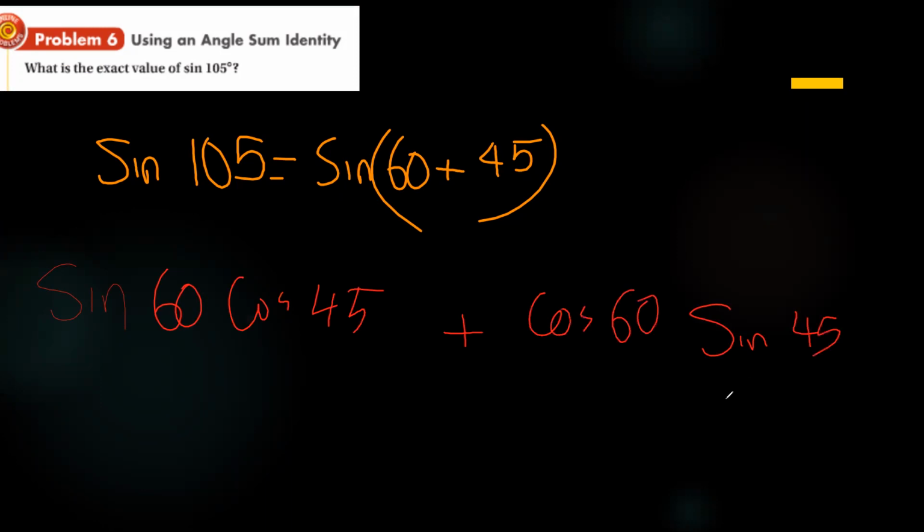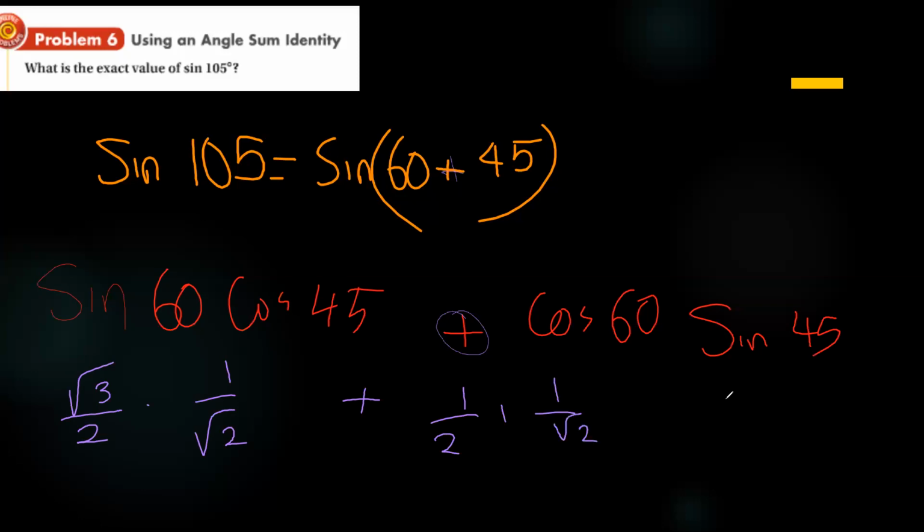Then, since we have plus, for the sine we keep the plus as it is. Then let's continue. Sine of 60 is square root 3 over 2. Cosine of 45 is 1 over square root of 2, plus cosine of 60, it's half. Sine of 45 is 1 over square root of 2.